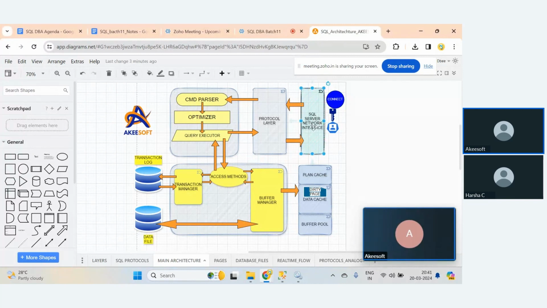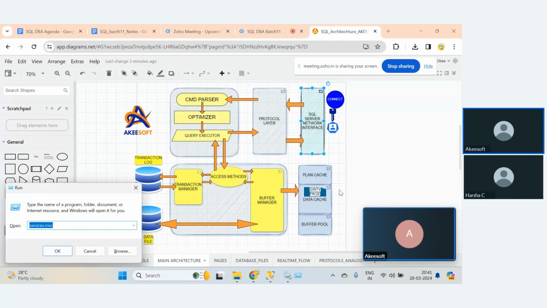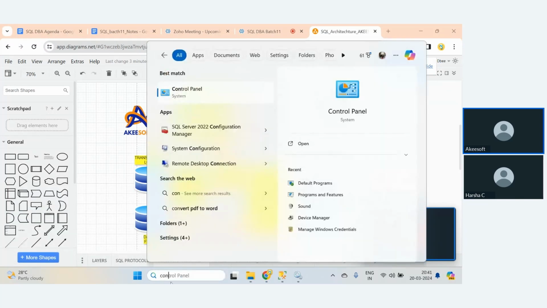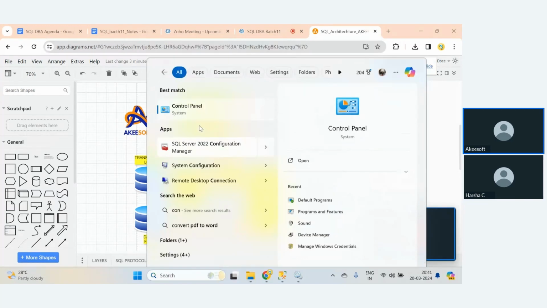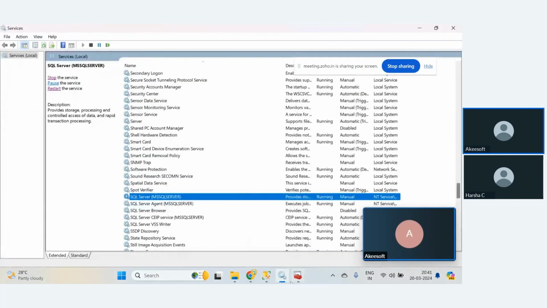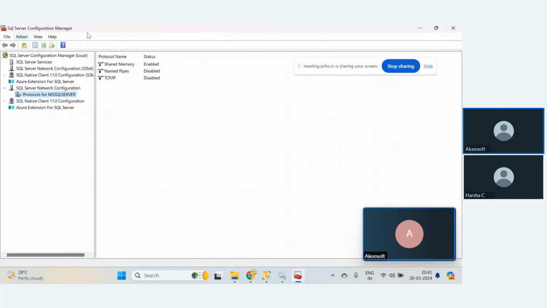The interface here is the SQL Server Configuration Manager, which is installed by default along with the SQL Server services.